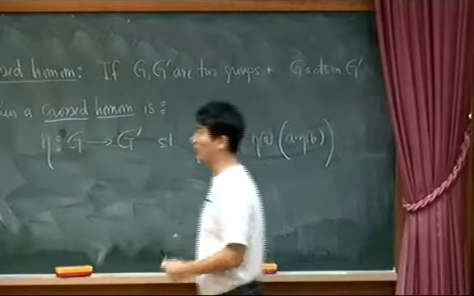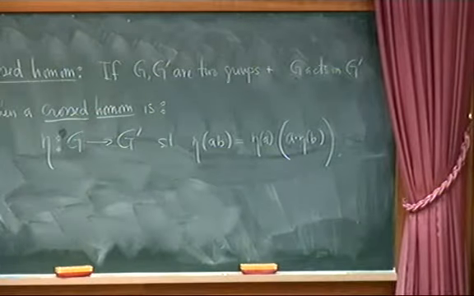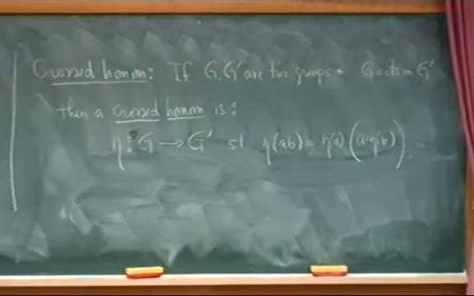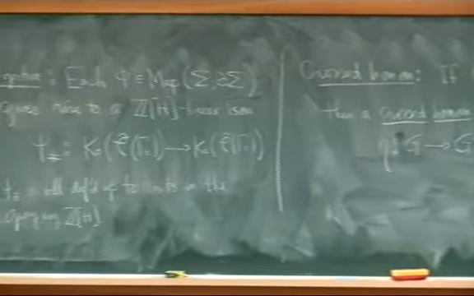But it turns out this category, when you drop it down to the mapping class group level, has exactly this kind of transformation property.